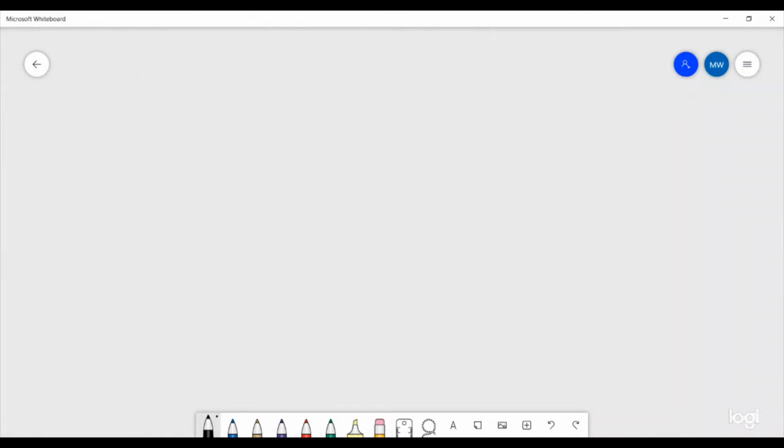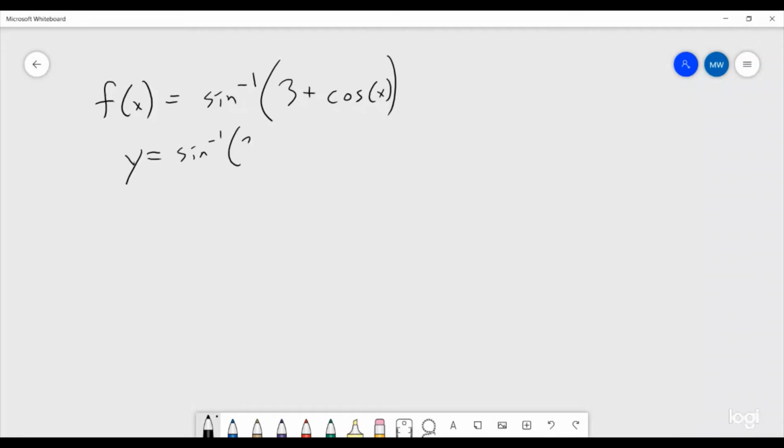Let's say that this time we have f of x equals inverse sine of 3 plus cosine of x. Well, again, we are going to just say this is y equals inverse sine of 3 plus cosine of x.